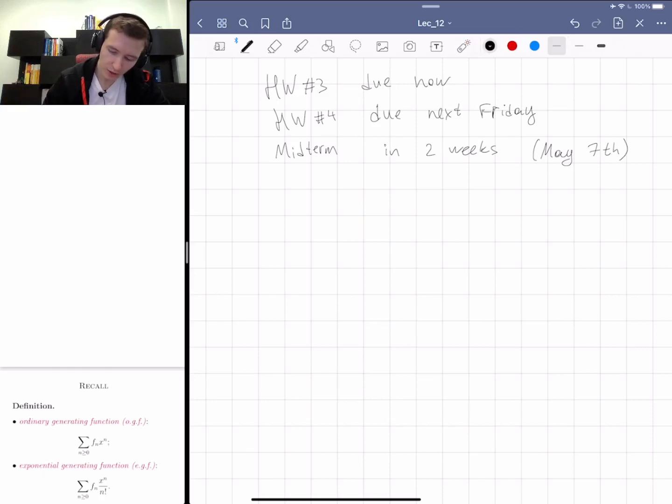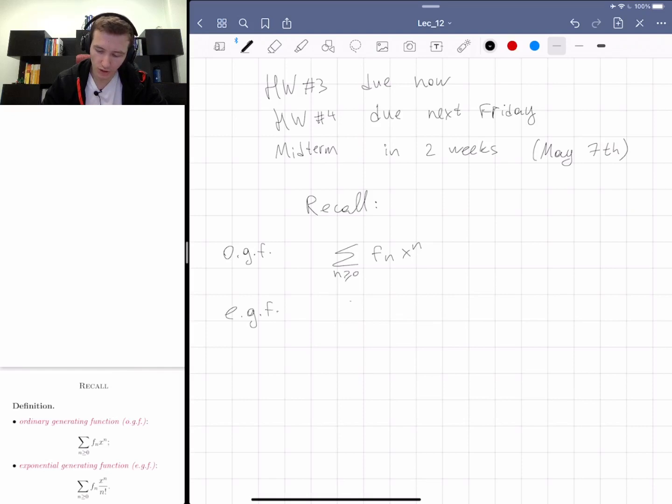So anyways, let me remind you what we started doing last time, which was generating functions. So there is ordinary generating functions. If you give me a sequence, then I can just write it down as a formal sum like this, or I can write it down as an exponential generating function, depending on which is more convenient.